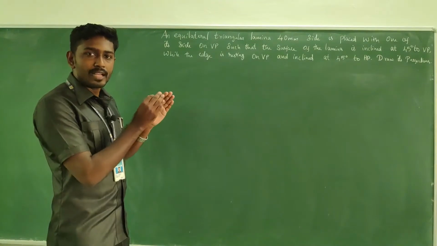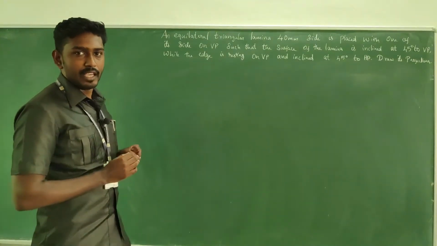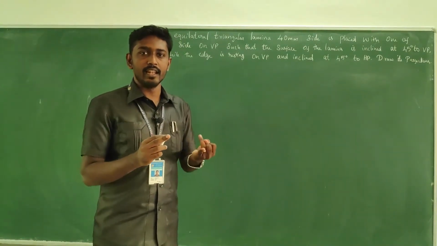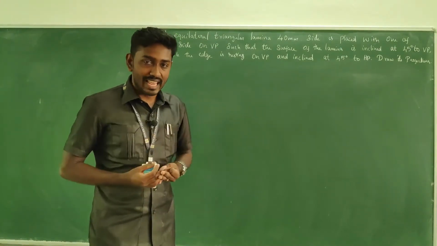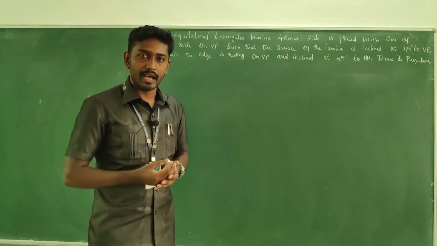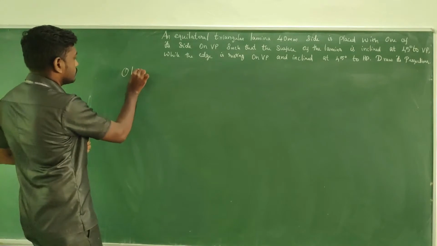First try to absorb all the information from the question, especially about the object, then the resting, then the surface inclination and the edge or special kind of inclination. So what is the object given?